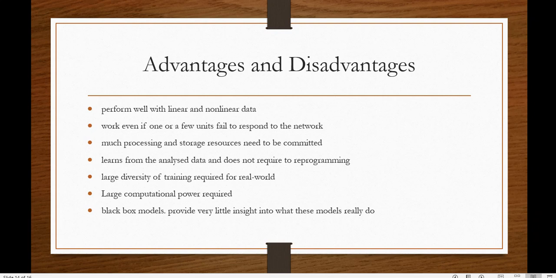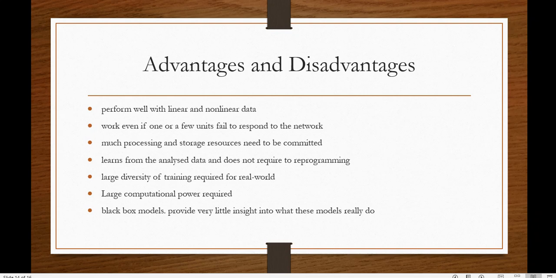So from the advantage point of view, it can process linear and non-linear data. If some part of it is not working, it can still continue its work and generate the outcome. And it learns from the analyzed data, and you don't need to do a lot of programming. But at the same time, we have some disadvantages.